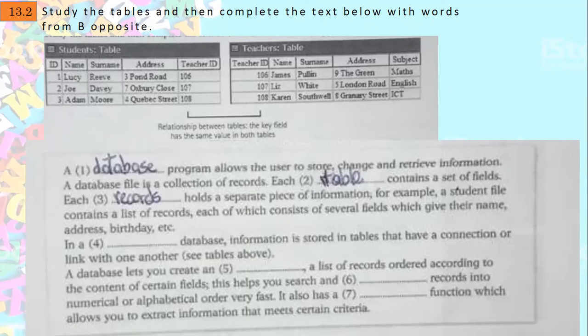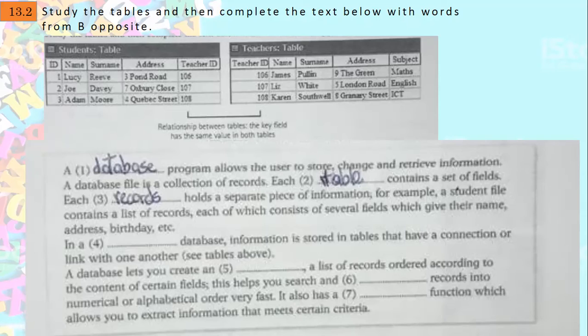Database programs allow the user to store, change and retrieve information. A database file is a collection of records. Each table contains a set of fields. Each record holds a separate piece of information.